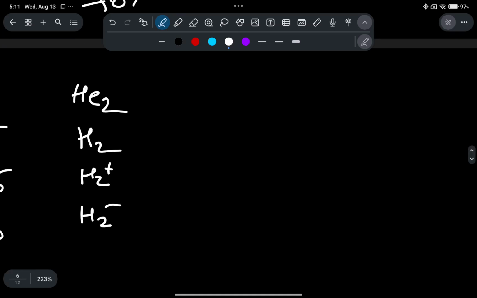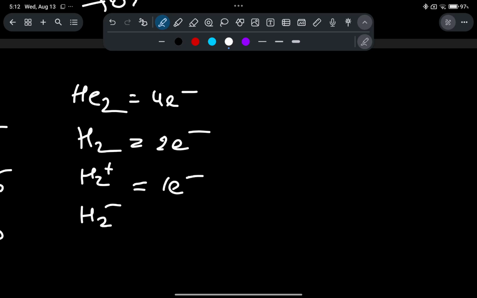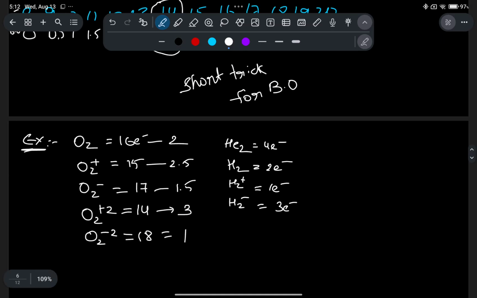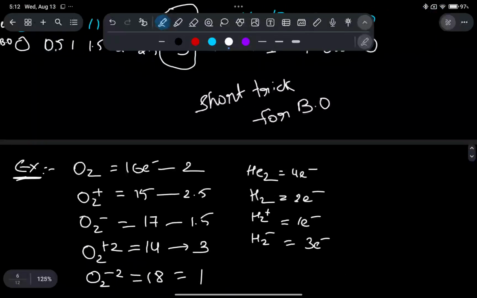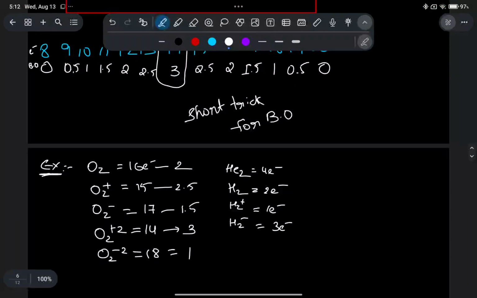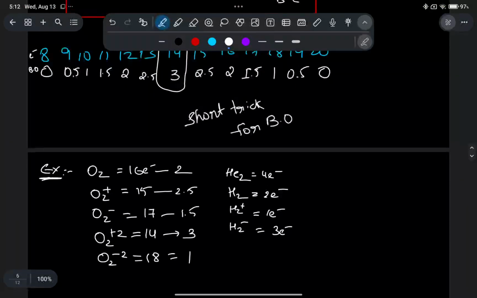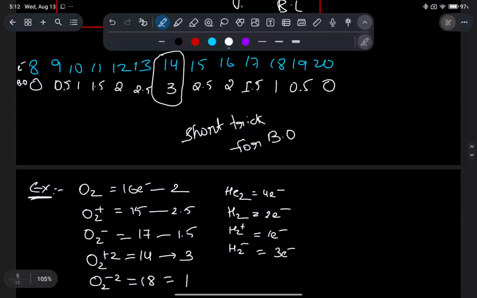Okay, here we calculate it: He2 means 4 electrons, H2 means 2 electrons, H2 plus means 1 electron and H2 minus means 3 electrons. So already you said 16 electrons, 15, 14, 13, 12, 11, 10, 9, 8, up to 8 only. And 14, 15, 16, 17, 18, 19 only I said the small trick.